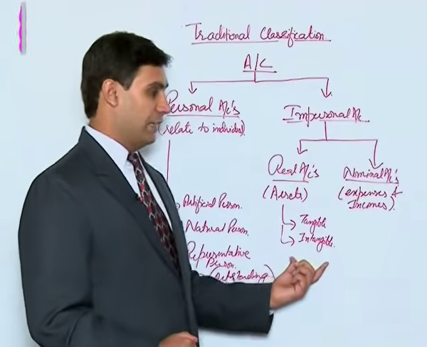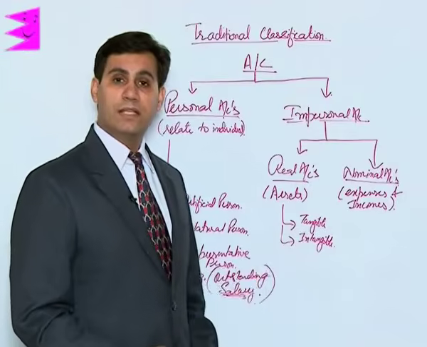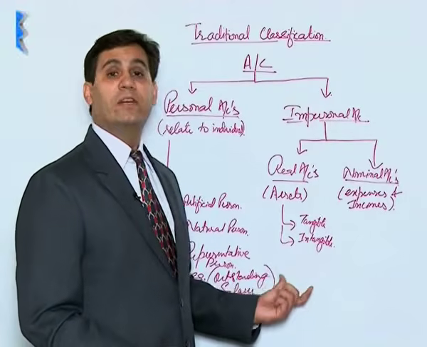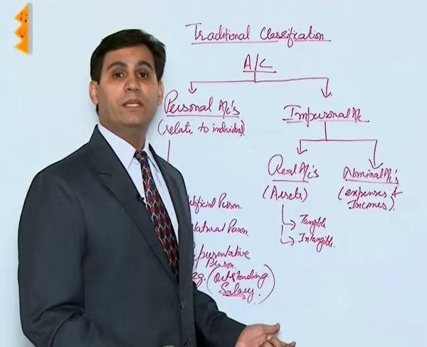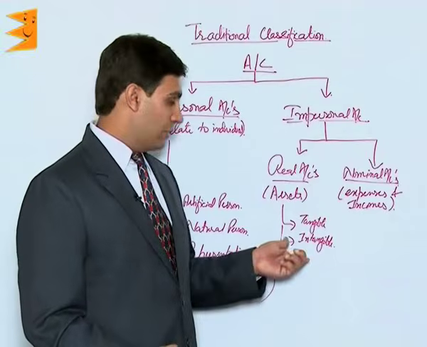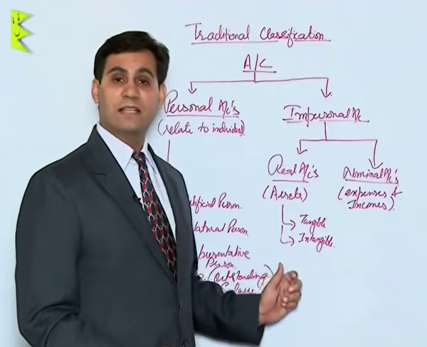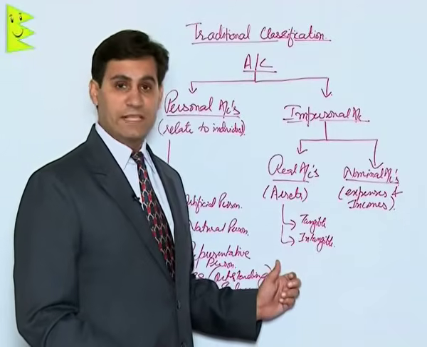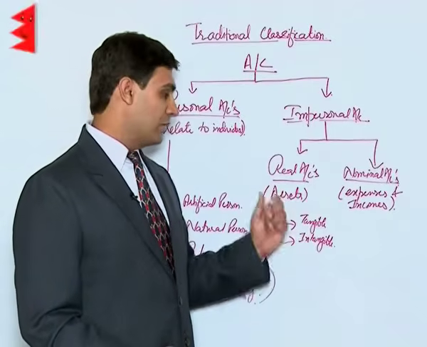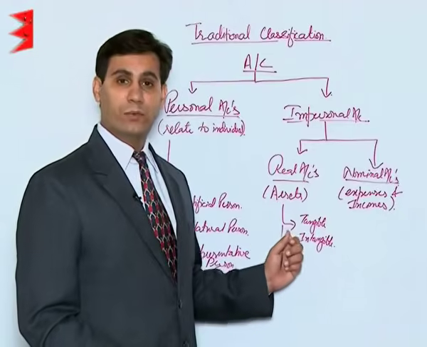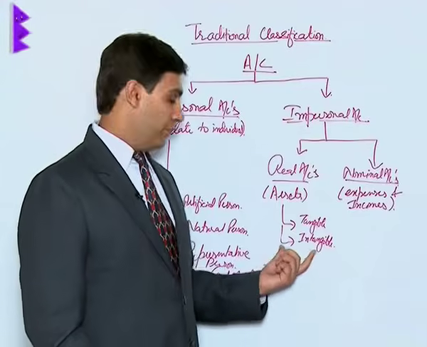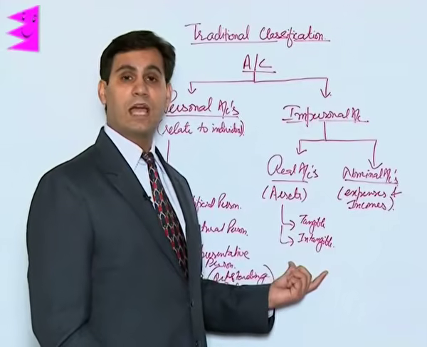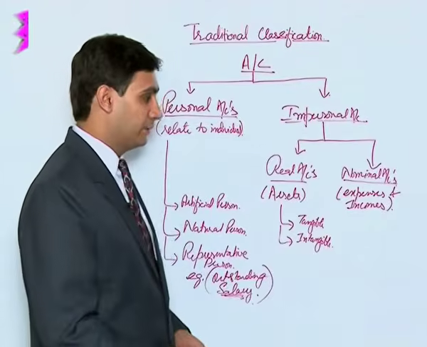Whereas intangible accounts are the accounts which do not have physical existence. Something like your goodwill, it can only be felt. Such kind of assets are classified as intangible fixed assets. So real accounts are further classified as tangible, which have physical existence, and intangible, which do not.